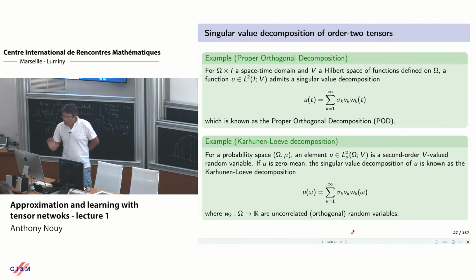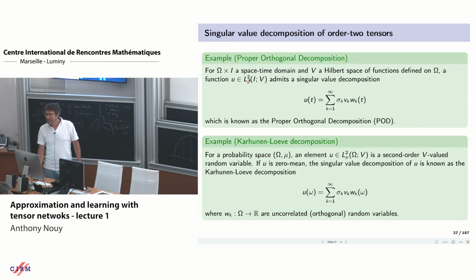Well, so two examples in the literature where you have this singular value decomposition of infinite dimensional tensors are settings where you consider functions defined over a space-time domain. Consider a Hilbert space V of functions defined on the domain omega, and a function U defined on the time interval with values in V. I assume that U is in the Bochner space L2(I; V).